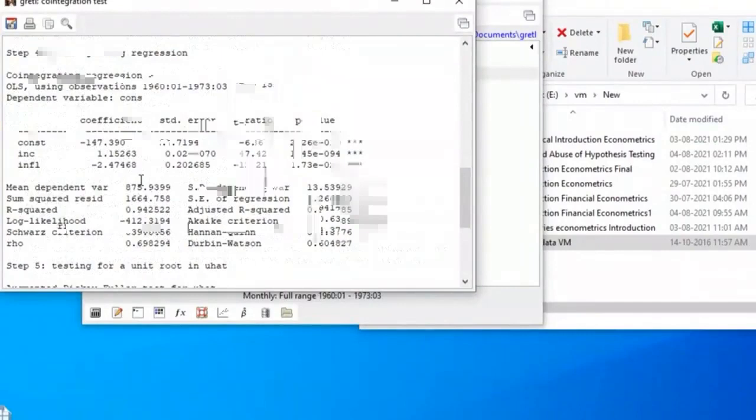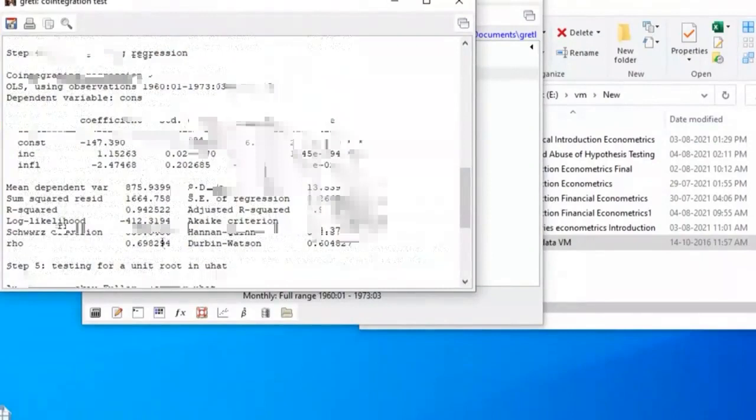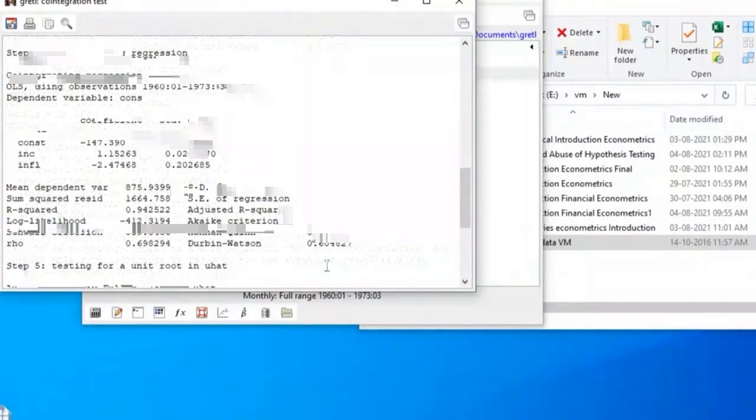Now, if we do not know how Gretl is reporting its result, we can read this one. It says that there is evidence for a co-integrating relationship if the unit root hypothesis is not rejected for the individual variables and the unit root hypothesis is rejected for the residuals u hat from the co-integrating regression. Now remember, it is better that we first do the unit root test for all the variables and then come to this one.